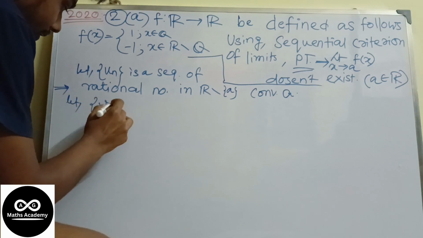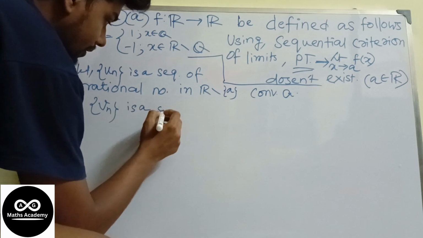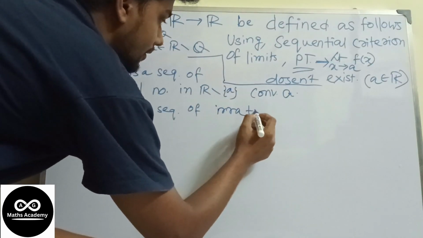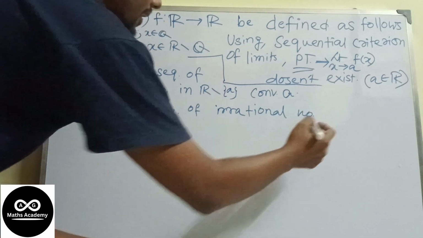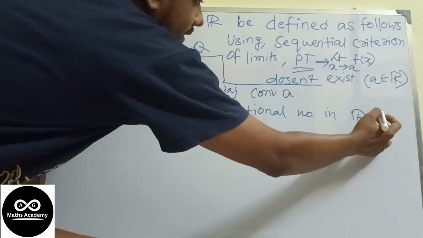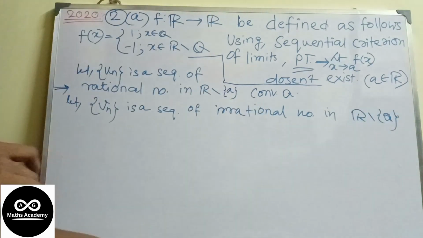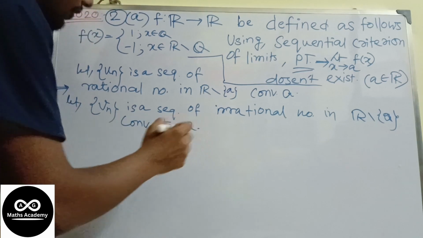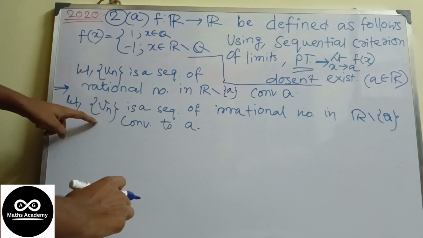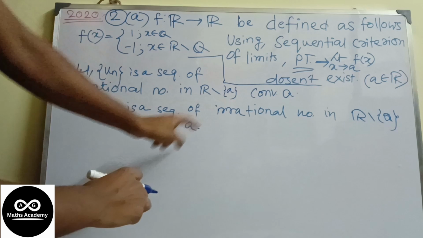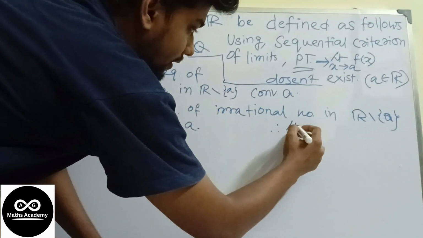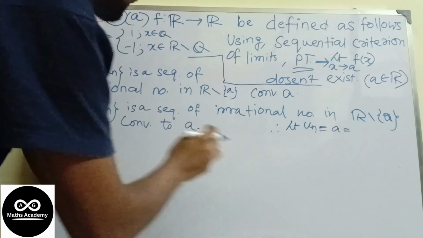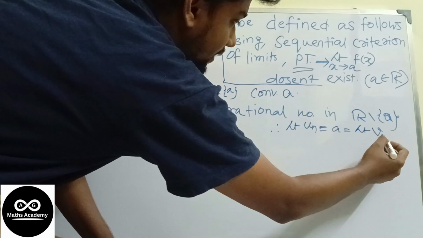Let vn be a sequence of irrational numbers in R minus A converging to A. Okay, so we took two sequences in R minus A which are converging to A. So limit of un is equal to A as it is converging to A, and vn is also converging to A, so it is also equal to limit of vn.